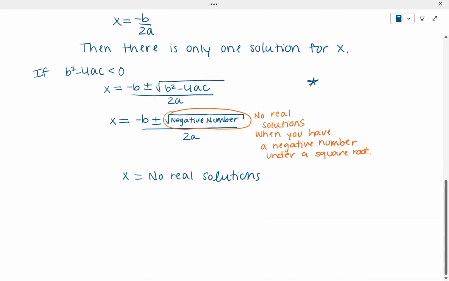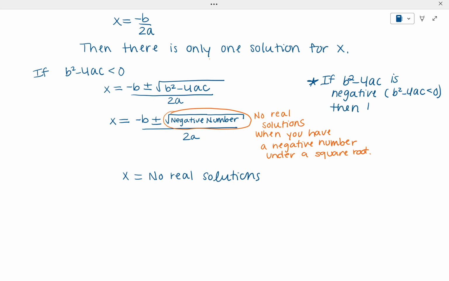So when the discriminant is negative, so if b squared minus 4ac is negative, and I'll put in parentheses what this means mathematically, so it's less than 0, then there are no real solutions.